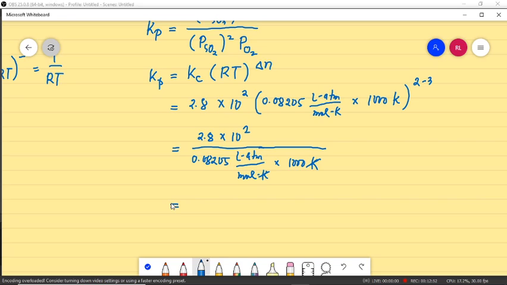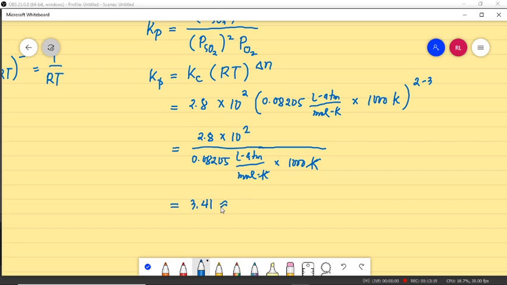Okay, use your calculator. Divide 2.8 times 10 to the power of 2 by the product of 0.08205 and 1000, and the answer is 3.41. Okay, which will be rounded off to two significant figures.